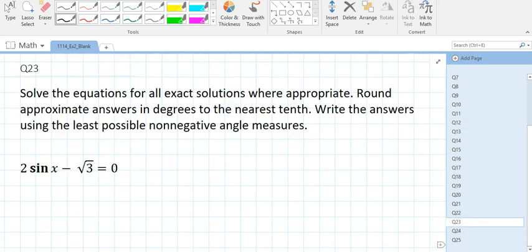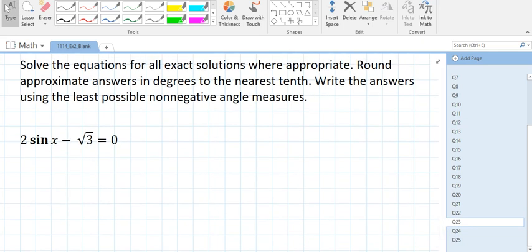All right. Last one for 10-5. And this one wants all the possible angles, all the possible solutions. It says, write the angle using the least positive, non-negative angle measure.